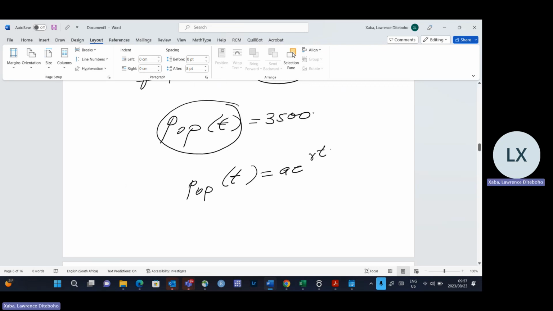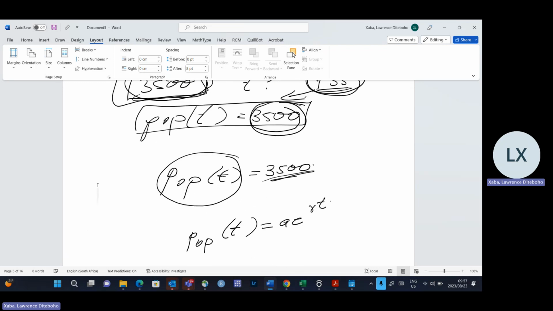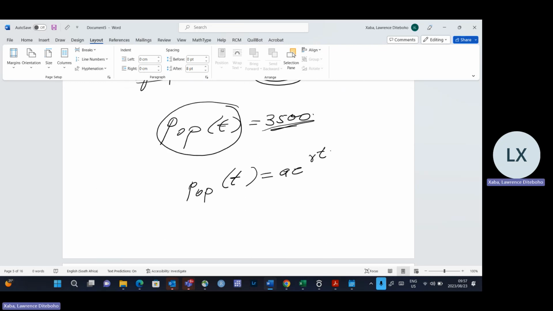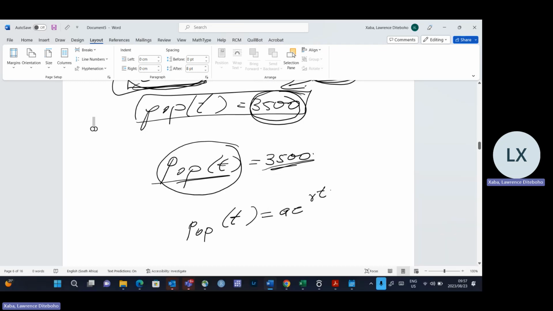And we are saying this is given to us. And remember, we are still referring to the old function where we know the population is 753. But we are saying pop is equal to 3,500.